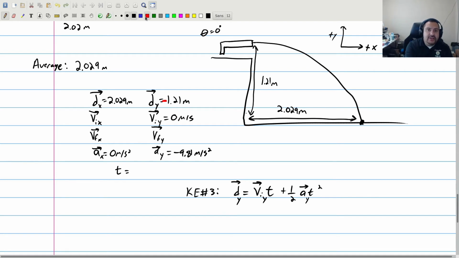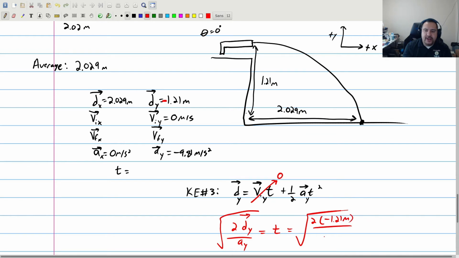I know v initial y is 0, so this piece goes away, and I can solve this. I multiply by 2 times dy, I divide by ay, and I square root, and that is equal to t. So this is equal to the square root of 2 times dy, negative 1.21 meters, divided by negative 9.81 meters per second squared.